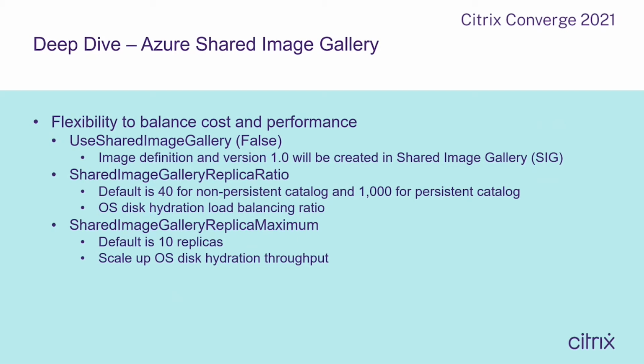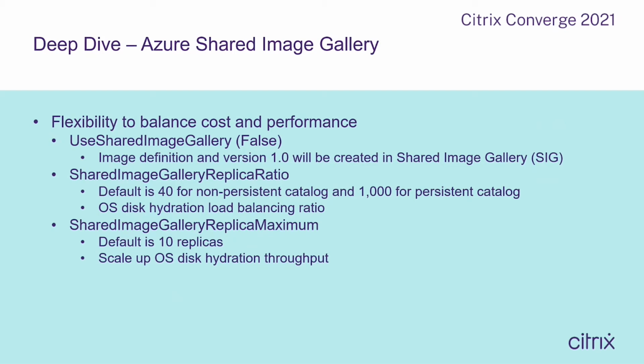By providing replicas, we can load balance the IOPS requests across the replicas instead of a single one. So the default setting is 40 for non-persistent VM and 1000 for persistent catalog.